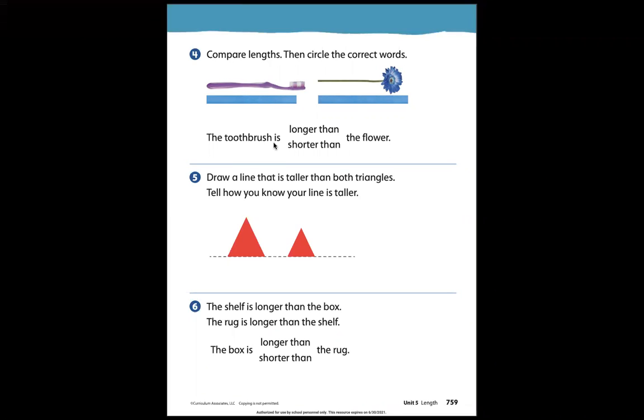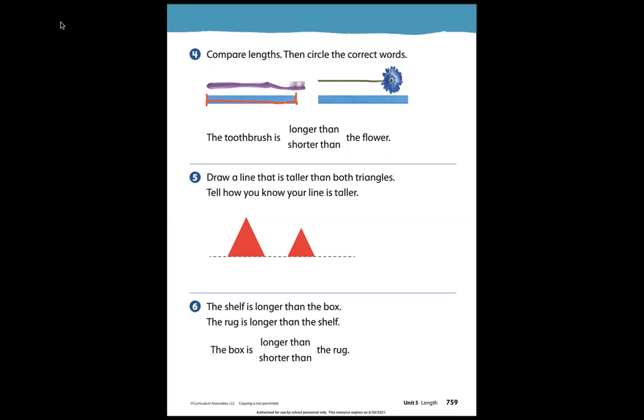The toothbrush is blank, longer than the flower or shorter than the flower. That's a hard thing to decide. One thing I need to look at is if the stick is the same length both times.